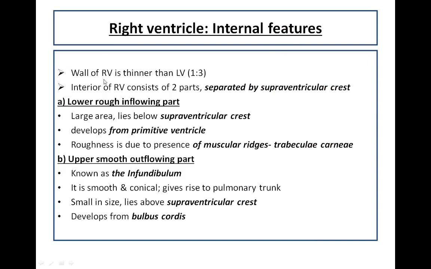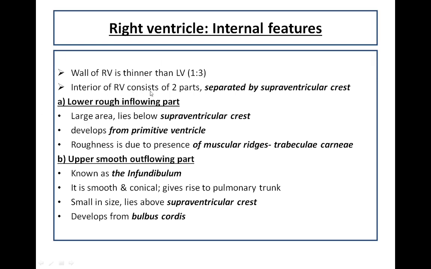The wall of the right ventricle is thinner than the left ventricle, because the left ventricle has to contract more and its function is greater in comparison to the right ventricle. So the wall of the right ventricle is thinner, at a ratio of 1:3. If the right ventricular wall is 1 centimeter thick, then the left ventricular wall thickness is around 3 centimeters.